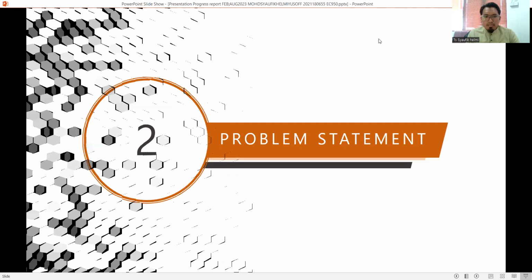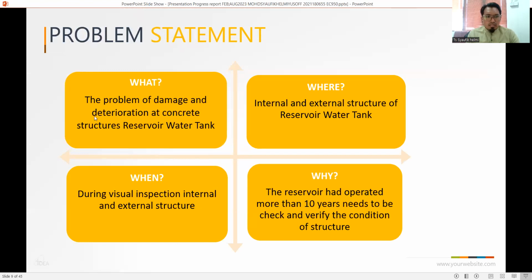So going to our problem statement. What is the problem of damage and deterioration at the concrete structures of the reservoir water tank? The location is at the internal and external structure of the reservoir water tank. Why must we do visual inspection of the internal and external structure?